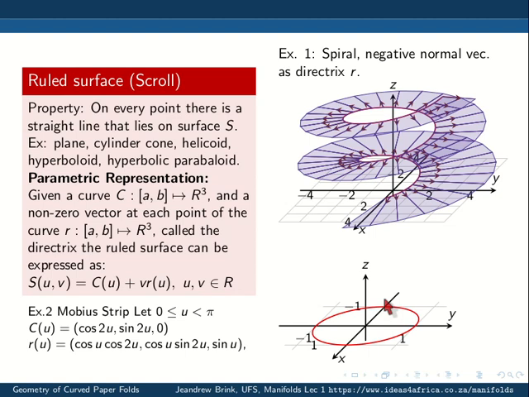That's simply my curve. And then I'm going to specify my directrix, or the tangent at which I leave the curve, by the following formula. It's going to be cos u times cos 2u, cos u times sin 2u, sin u. And if I go about and plot that, I get something like this.